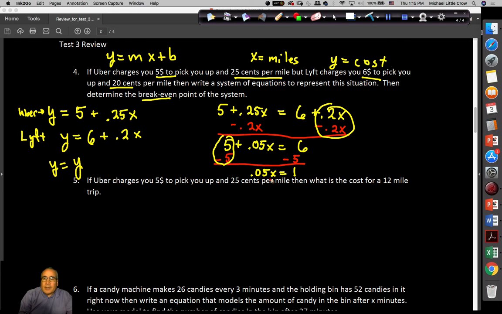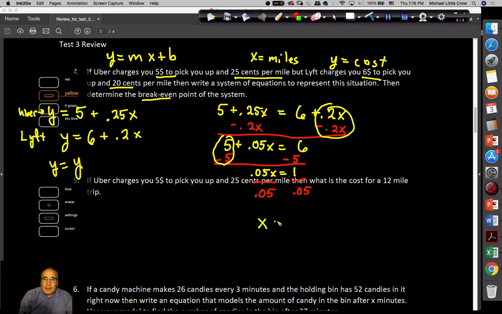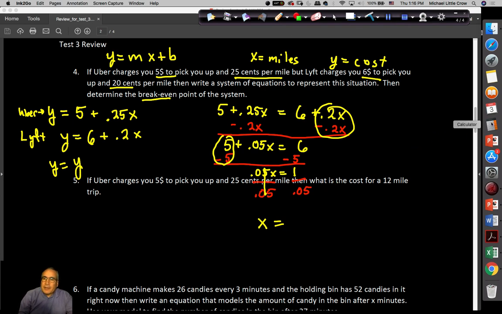The last step is to divide both sides by 0.05. And what we get is that x, these cancel, equals 1 divided by 0.05. This is the reciprocal of 0.05. I think it's going to be 20.